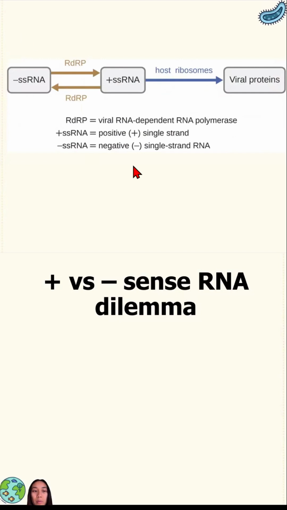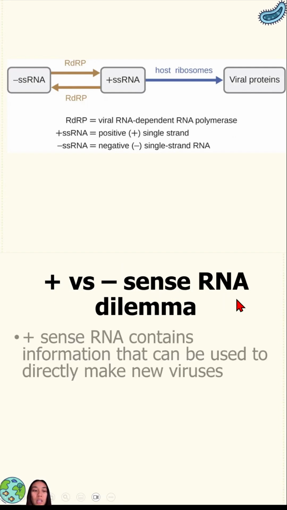One other thing I wanted to mention about the life cycle of viruses is that there is a small dilemma when it comes to RNA viruses, and that is whether the RNA is the positive or negative sense RNA. So positive sense RNA essentially means that that information can be directly used to make new viruses. So there's no issue when it comes to positive sense RNA viruses.